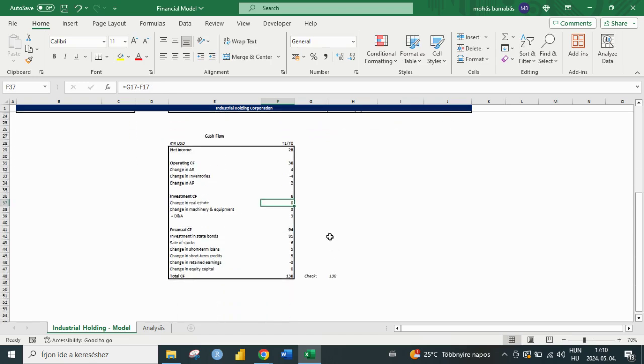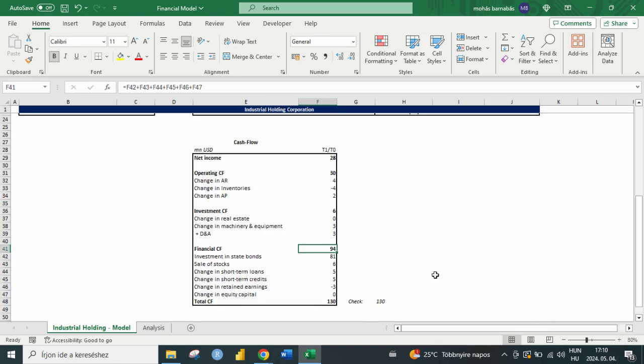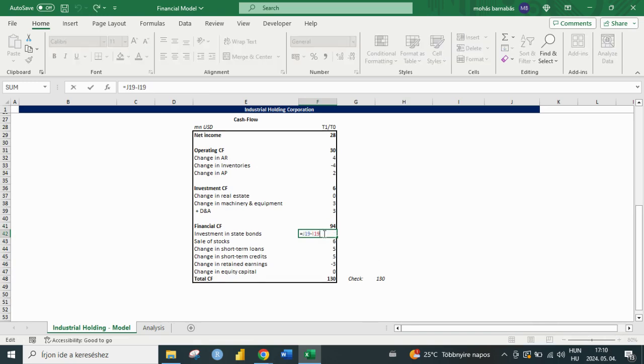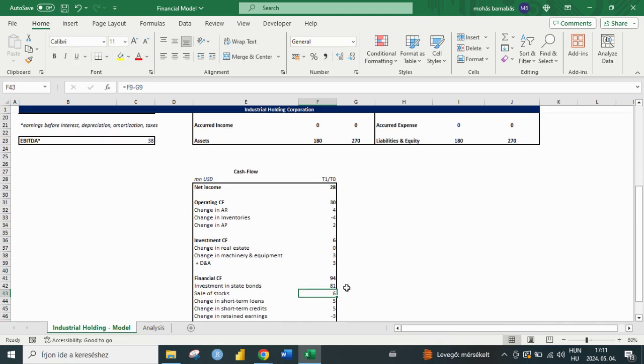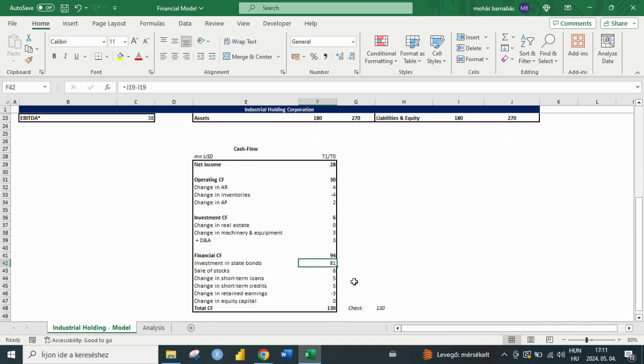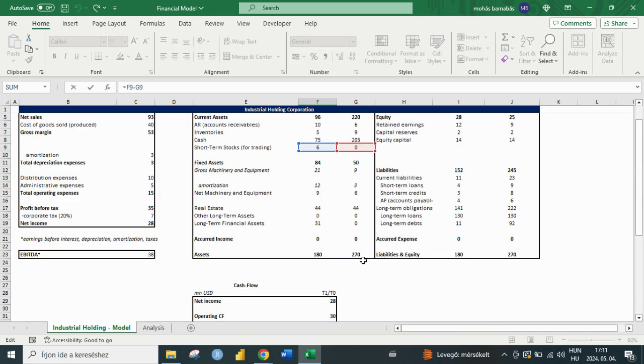Now, if we go a little further, we come to the last part, which is the financial cash flow. Let's see that we invest into state bonds, so we indebted ourselves. In our balance sheet, you can see the substantial growth. And here, therefore, it's a huge level of positive cash flow. We sold some stocks, which goes here.